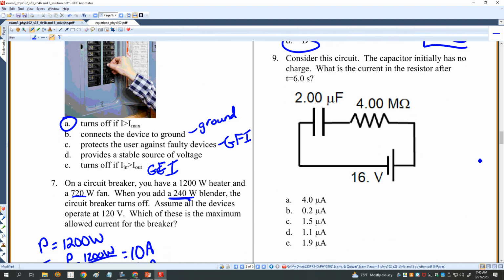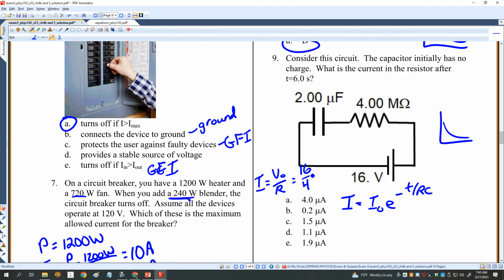What is the current in the resistor after t equals 6 seconds? All right, well, I is equal to I naught e to the minus t over RC. That is, by the way, a decay function. So the current starts out big and it gets smaller. The initial current, I naught, is V naught over R. That's 16 over 4. Actually, it's 4 mega ohms, so that's going to be 4 microamps.